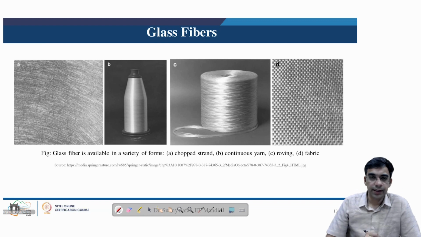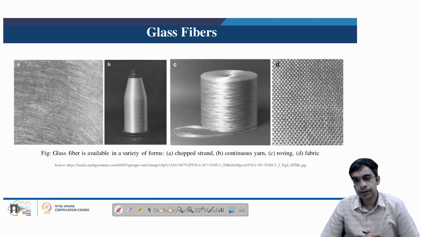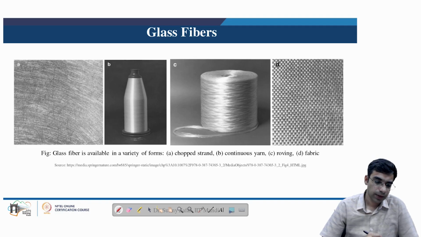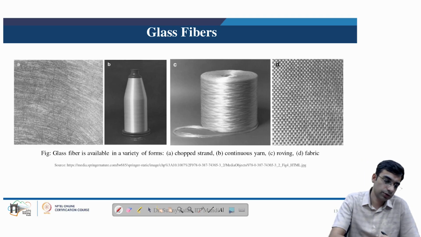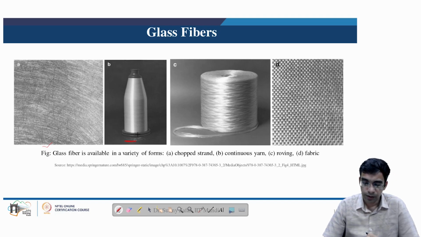So we can say that glass fibers are available in various configurations. Glass fibers may be available in the form of chopped strand, where we have short fibers of this type as shown here, or in the form of a continuous yarn, like a thread, or sometimes we may have a roving.